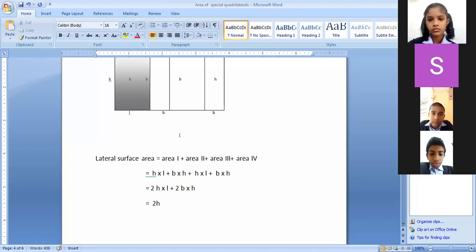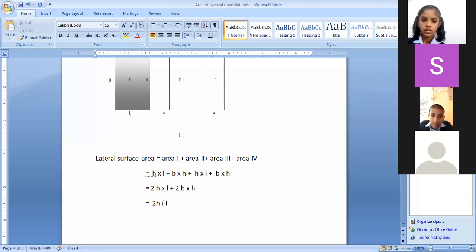Let's take it outside. And when we take 2H outside, what's remaining here? Only L. Then plus, B also is there. In the first term, we are considering this term only. From this, when we take 2H outside, there is only L. Now we are moving on to the next term.